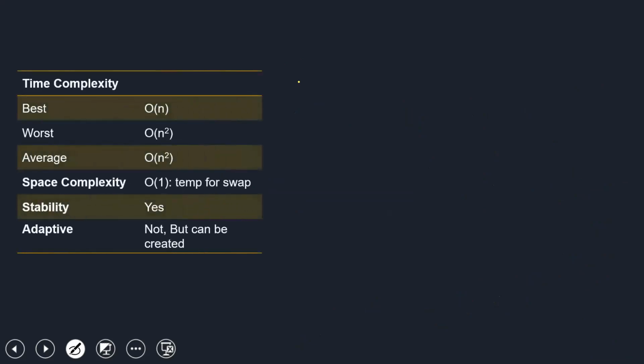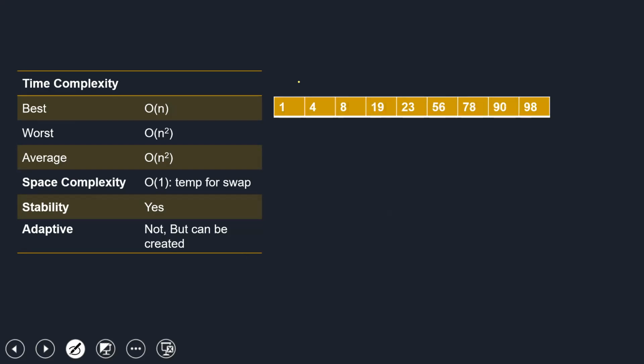Okay guys, I think this is what you should have noted down. Generally in an interview, suppose they ask about sorting: tell me the complexity of bubble sort. In the best case, as I mentioned, it is only for the sorted array.